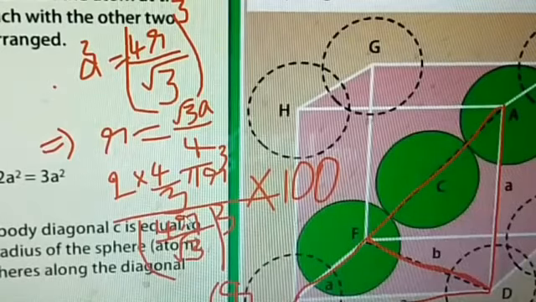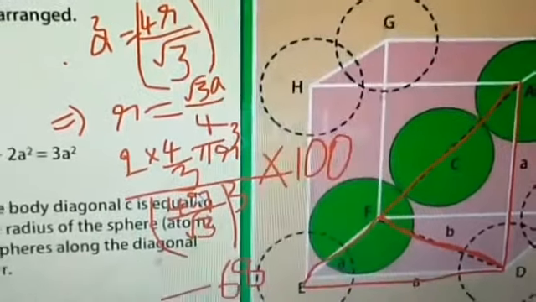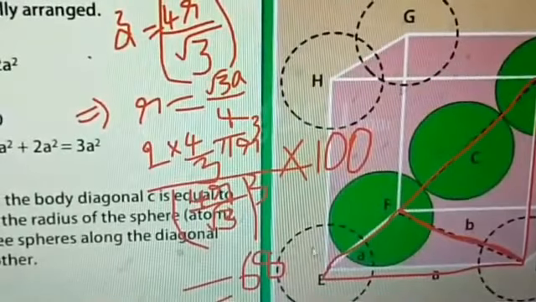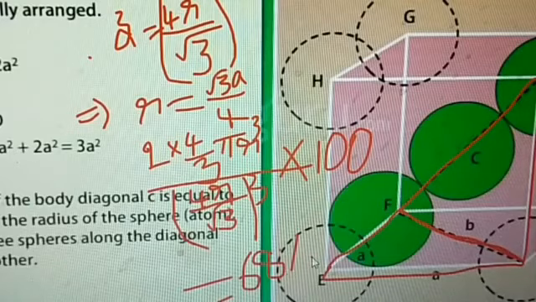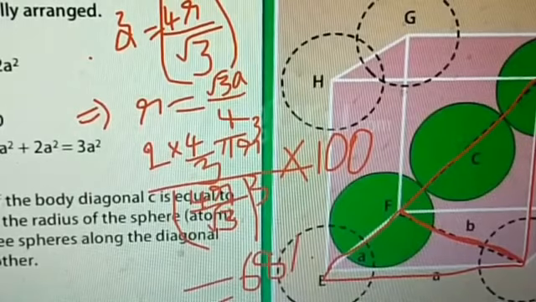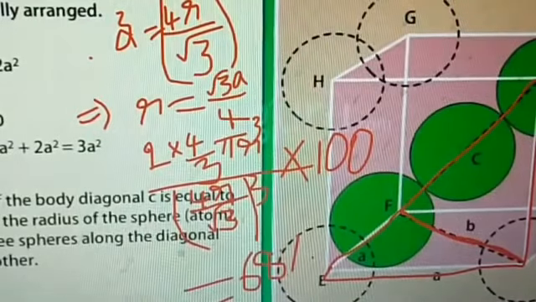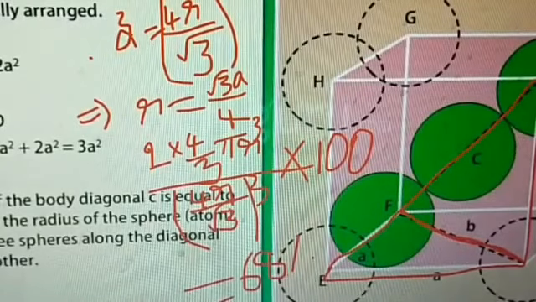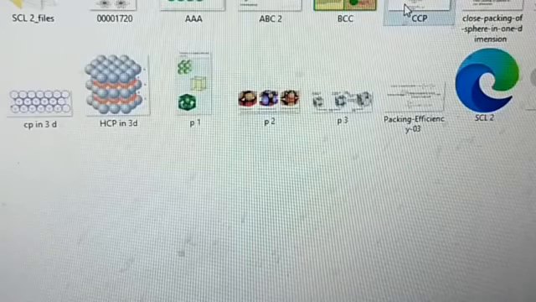So the amount of space occupied by the constituent particles in body centered cubic is 68%. Okay, so this is the packing efficiency of body centered cubic structures.